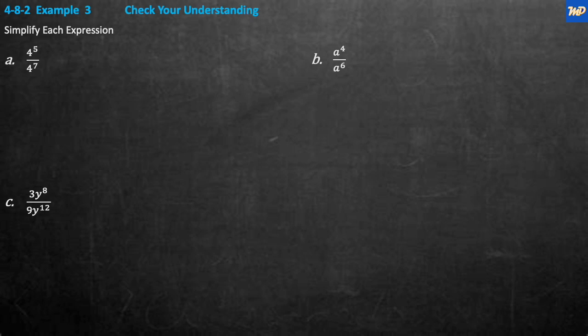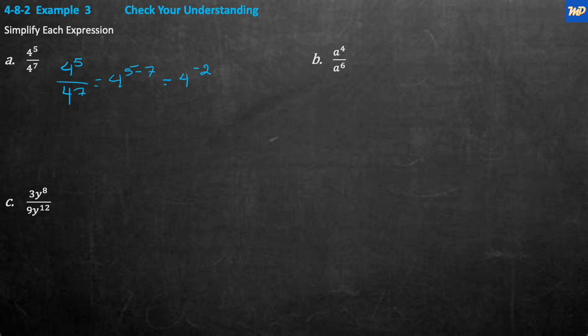So in example 3 of Check Your Understanding, they'd like us to simplify each expression. So we have 3 expressions here. Starting with A, we have 4 to the 5th power divided by 4 to the 7th power, which equals 4 to the 5 minus 7, which equals 4 to the minus 2 power.